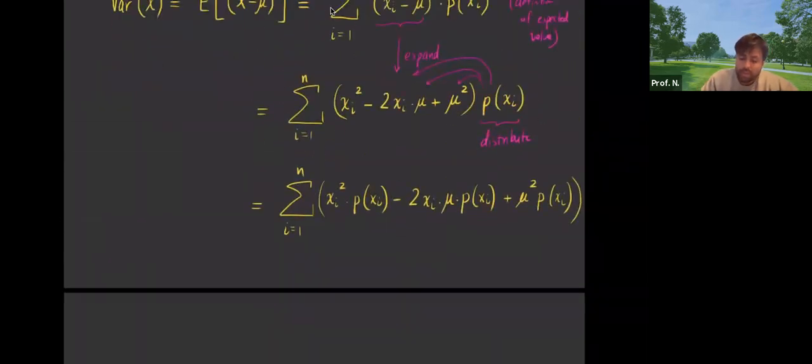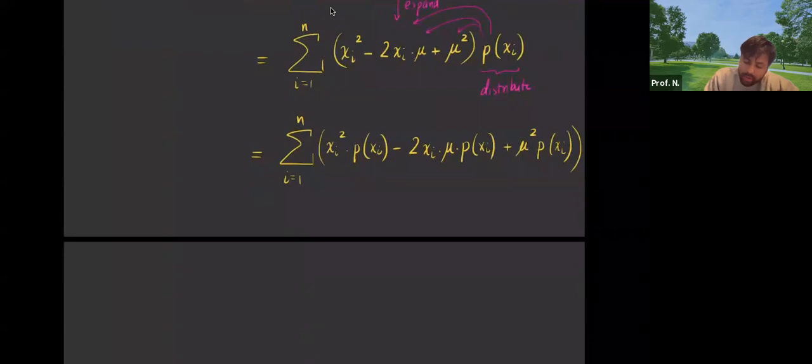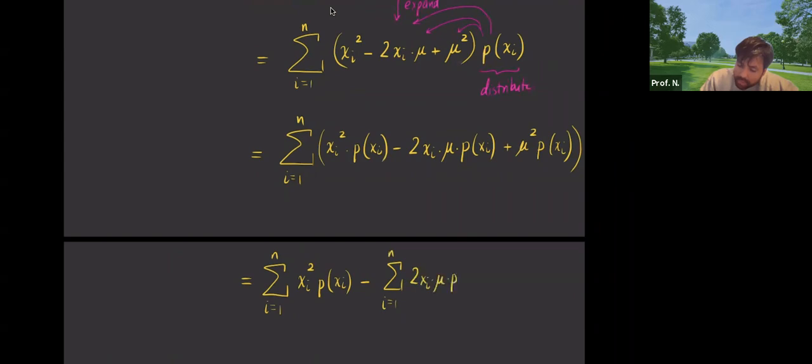Due to the nature of this expression, I can rewrite this as a summation of x sub i squared P of x sub i, minus a summation of 2 x sub i times mu times P of x sub i, plus a summation of mu squared P of x sub i.